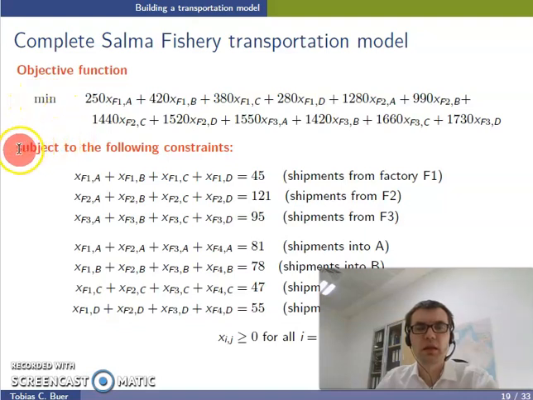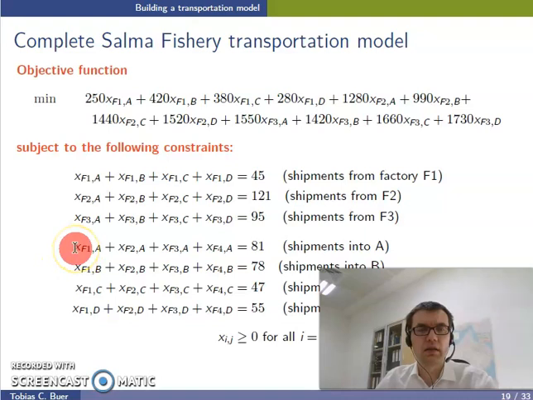Then I write something like subject to the following constraints, sometimes just ST, short for subject to, and then I list all the relevant constraints. The first 3 lines, the first 3 equations, guarantee that in each factory we ship everything that is produced.